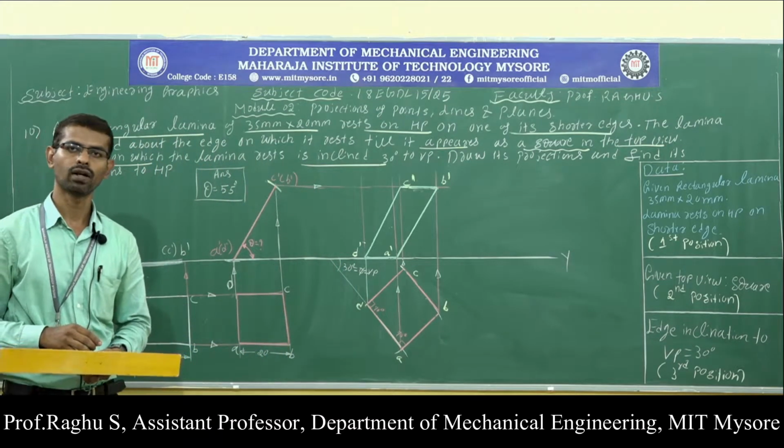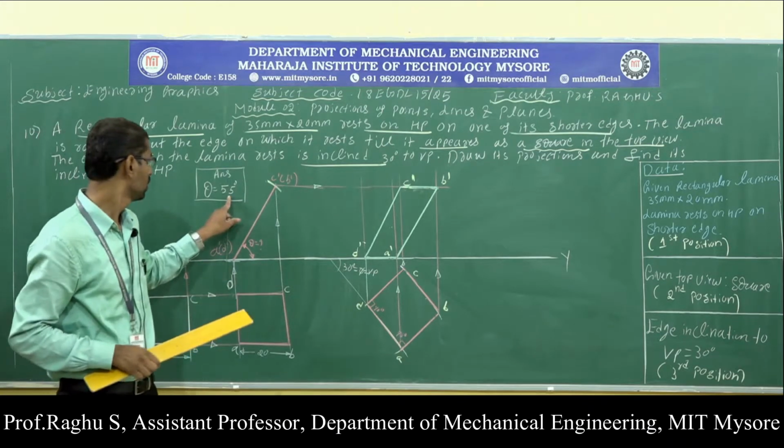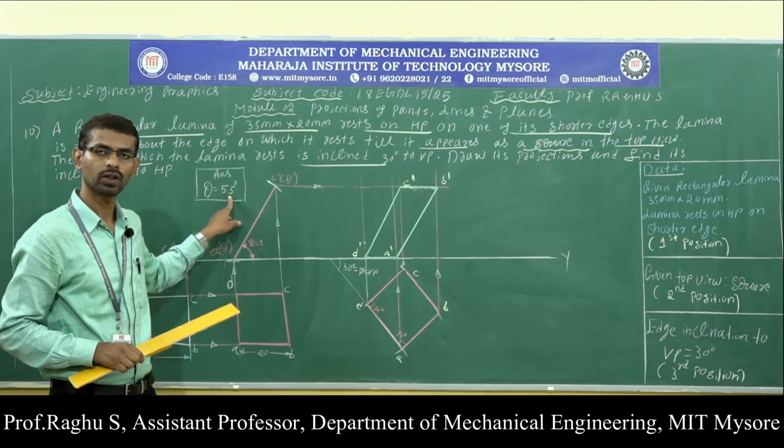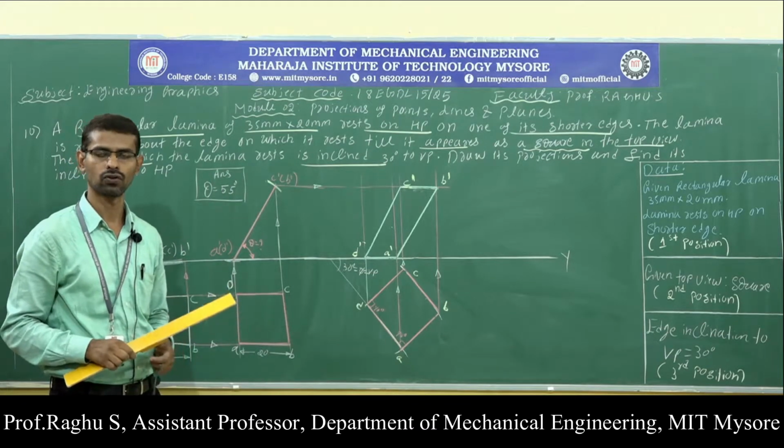So this is the final front view and top view of the rectangle lamina. The answer: the lamina inclination with respect to HP is 55 degrees. So this is the solution.